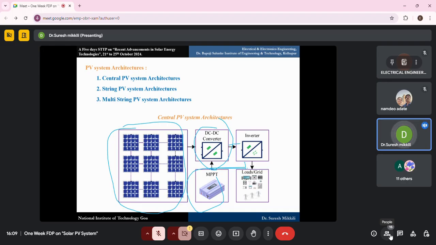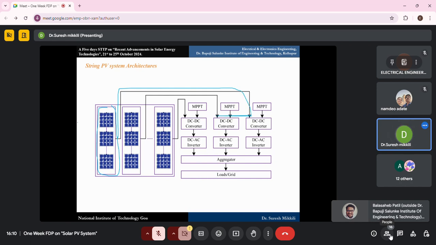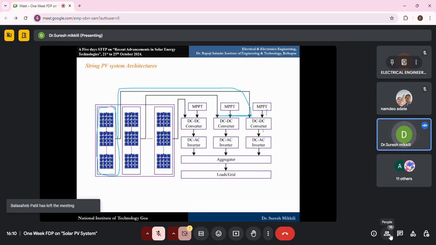So what do we need to go for? Second one, we need to go for string architecture. String level architecture will be used. How is it? One string of PV panels will be connected to one DC-DC converter, MPPT, then inverter, then aggregation, and connected to load.